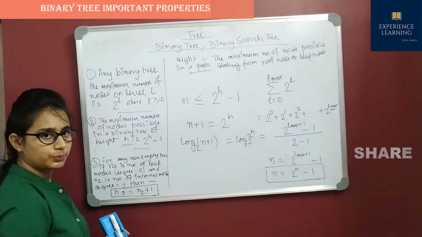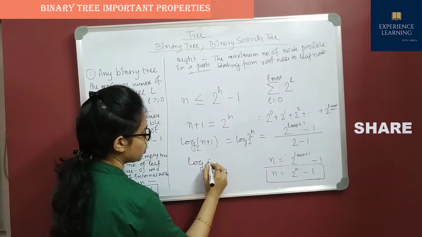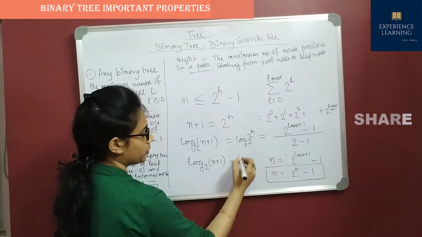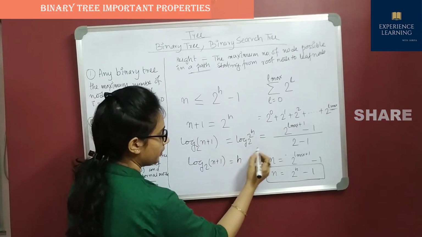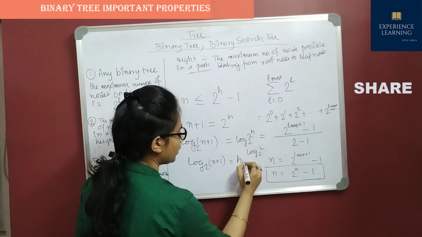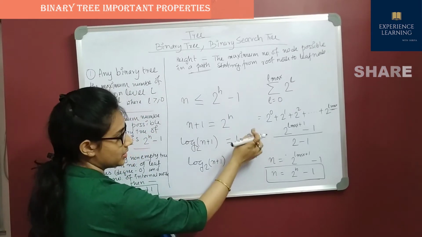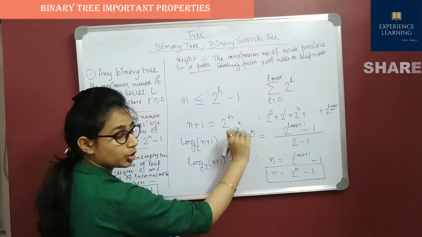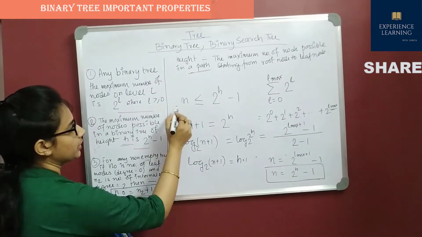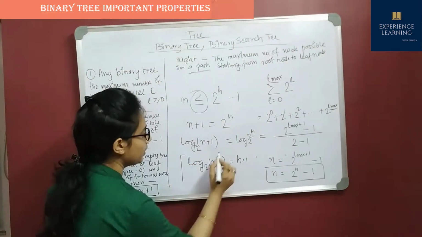Now it will be log base 2 of n plus 1 equals h times log base 2 of 2, and we know that log base 2 of 2 is 1, so h into 1, isn't it? As we know, the relation was initially this one, so here it will be.